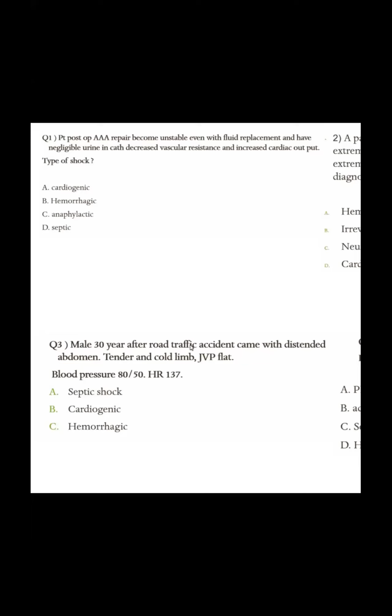It's not anaphylactic shock, it's not cardiogenic shock, so it must be hemorrhagic or septic shock. Because of decreased urine output, it must be hemorrhagic or hypovolemic shock. Option B.